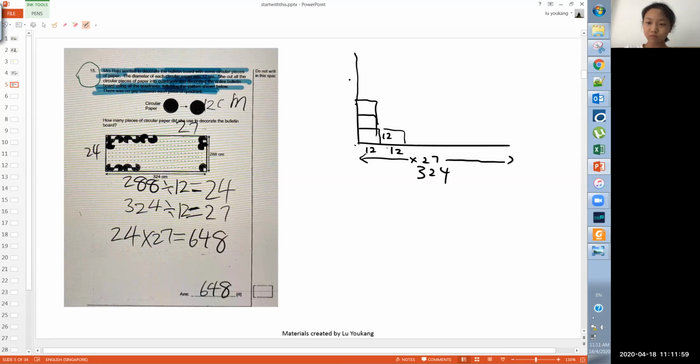Okay, so you have 24, dot, dot, dot. So this will give you 288 cm.